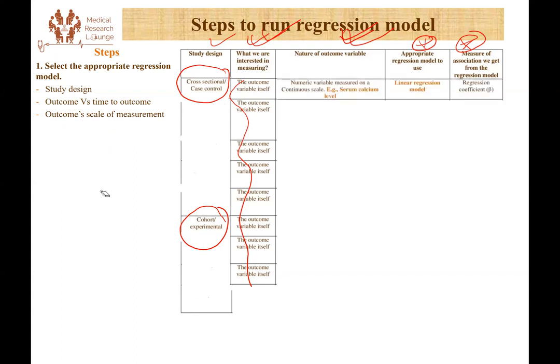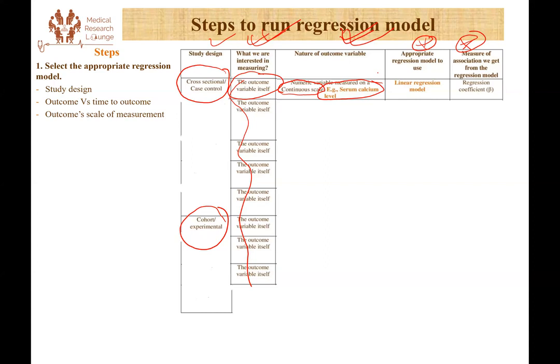So the first possibility is that for a cross-sectional or case control study, in which we're measuring the outcome itself, the outcome variable could be something that's measured on a continuous scale. Let's say we're assessing the factors that could affect the serum calcium level among ICU patients, for example. So our outcome is serum calcium level.